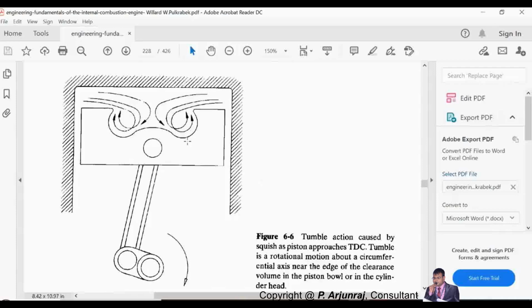Instead of the tangential movement of the air coming into the combustion chamber, the reverse squish will cause a back pressure and restrict the amount of air coming freely into the combustion chamber. So it causes a reverse effect, and that is the reason we need to avoid the reverse squish.